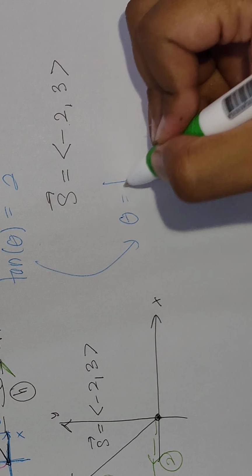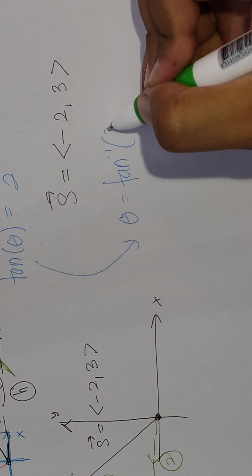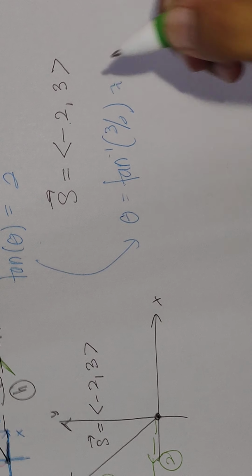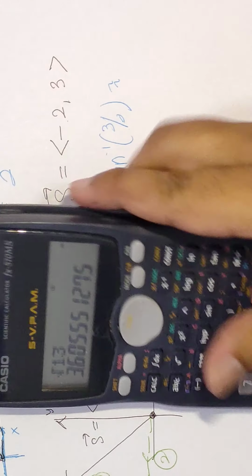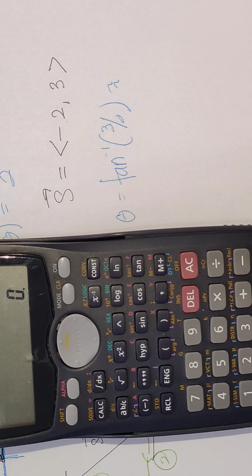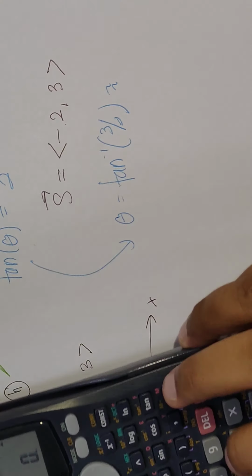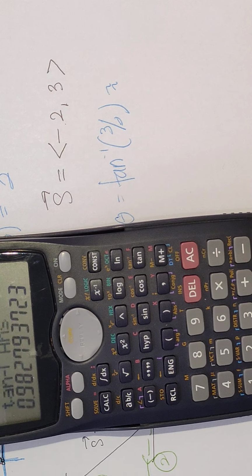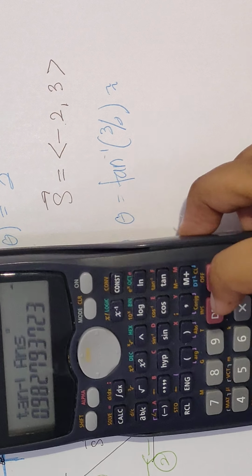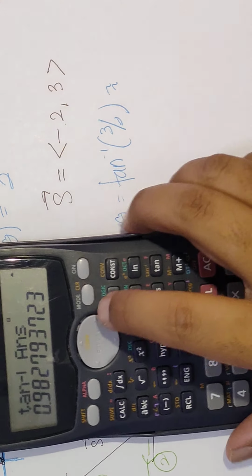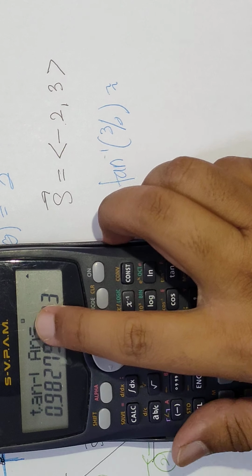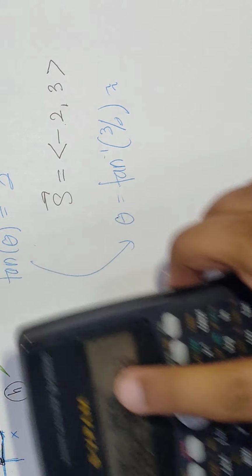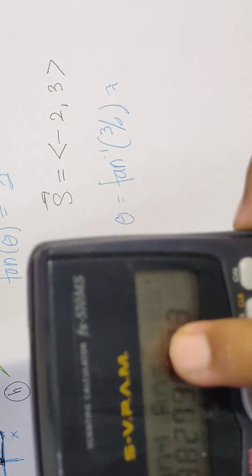theta will be inverse tangent 3/2, and approximately 3 divided by 2 inverse tangent. Okay, make sure that when you want to calculate the degrees, you have to change it to degree first.